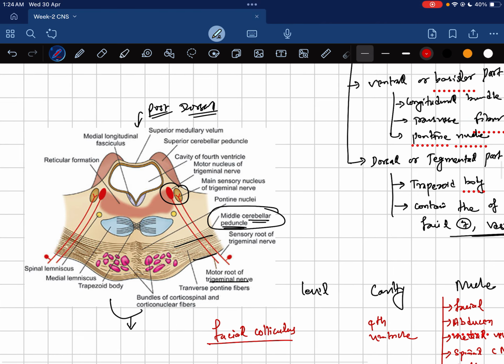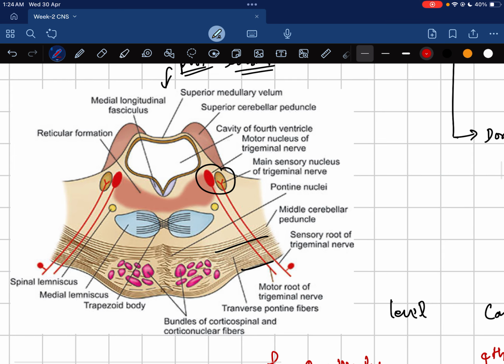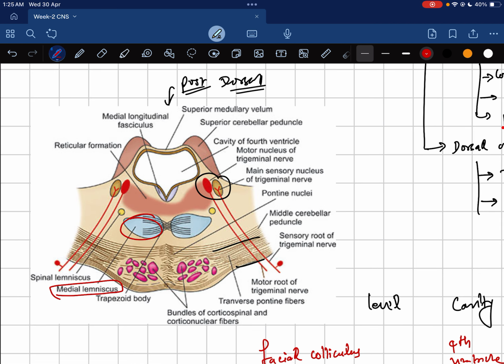It is the level of that. For the sensory, there are the lateral spinal and medial spinal lemnisci. This is the medial lemniscus, and then the ventral spinocerebellar tract. This is the peduncle.